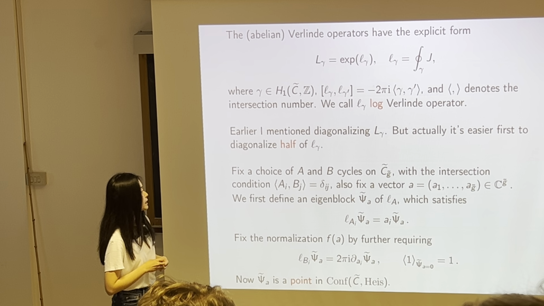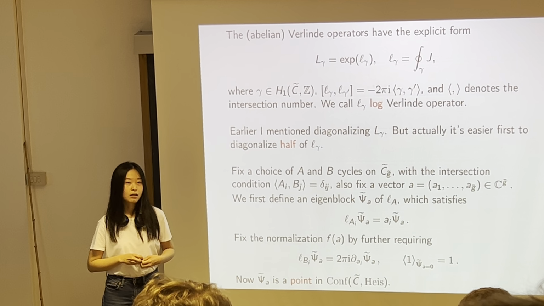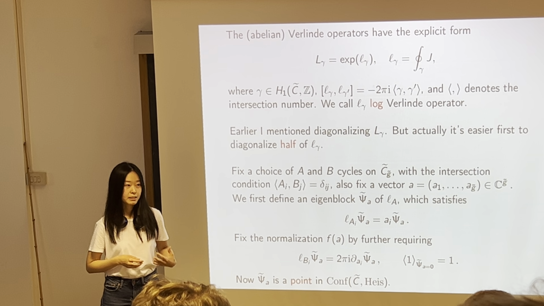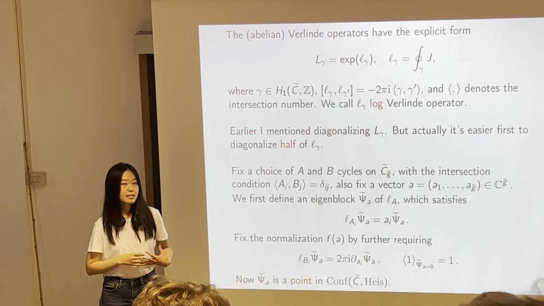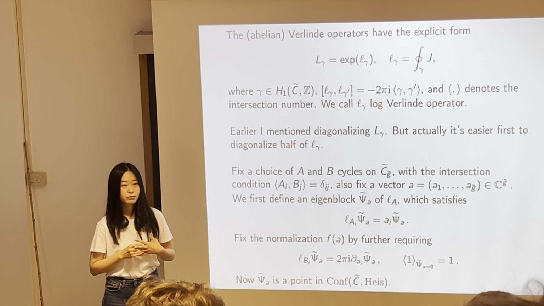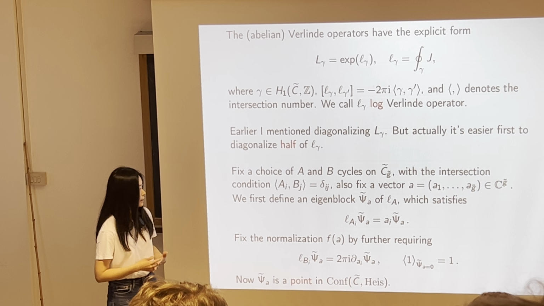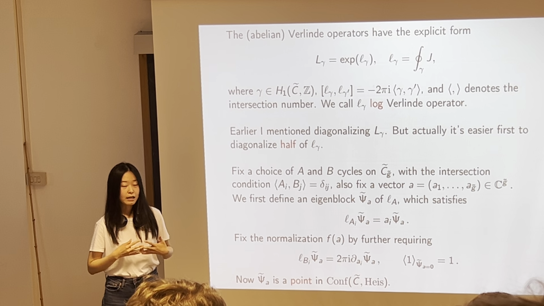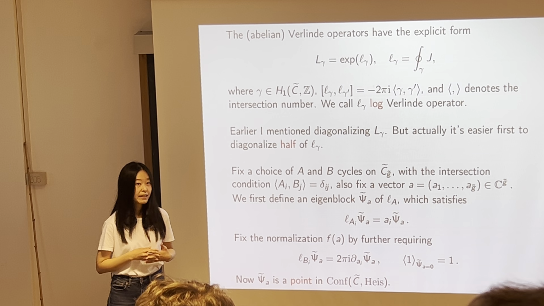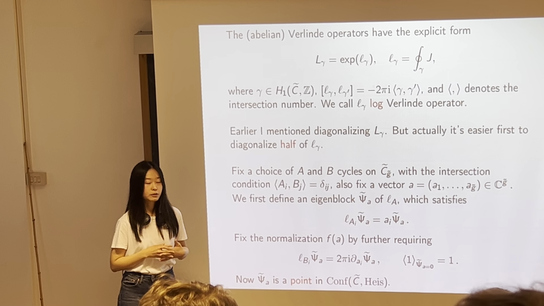I mentioned earlier that if you diagonalize all the abelian Wilson-Dehn operators, you will arrive at a one-dimensional subspace. And actually, there is another way to get a one-dimensional subspace, which is by diagonalizing the log Wilson-Dehn operators corresponding to half of the cycles. And actually, it is easier to do this first.